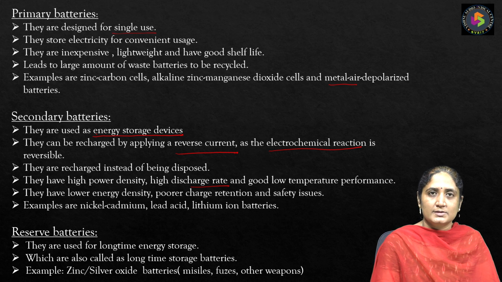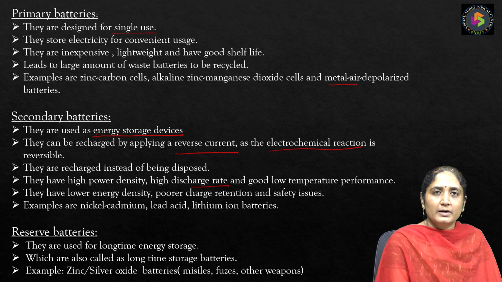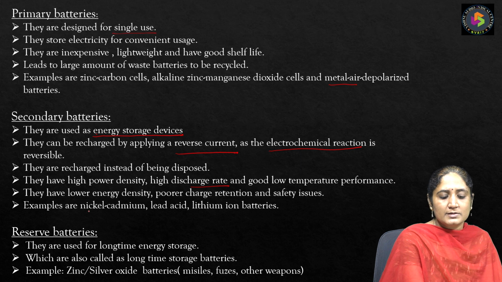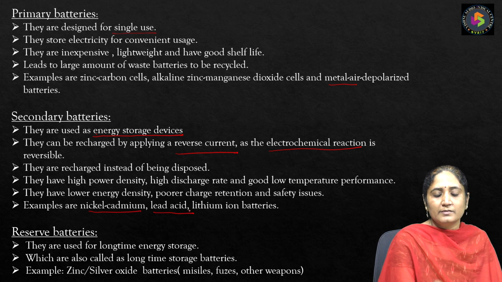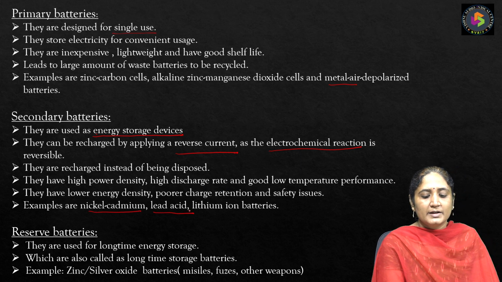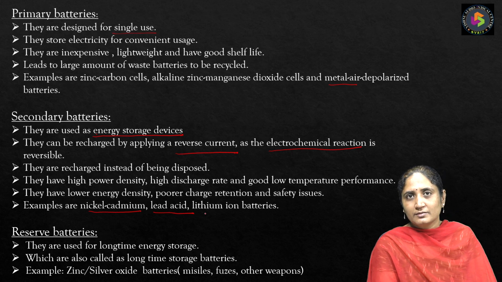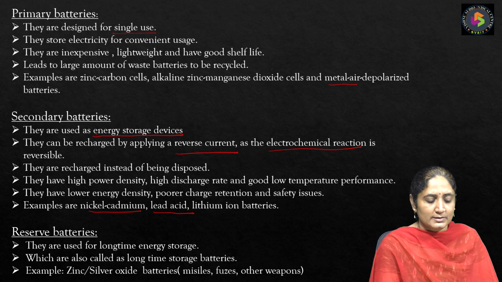Examples for secondary batteries are nickel cadmium batteries and lead acid battery, which is in our syllabus, and the next one is lithium ion batteries, which is also a secondary battery.